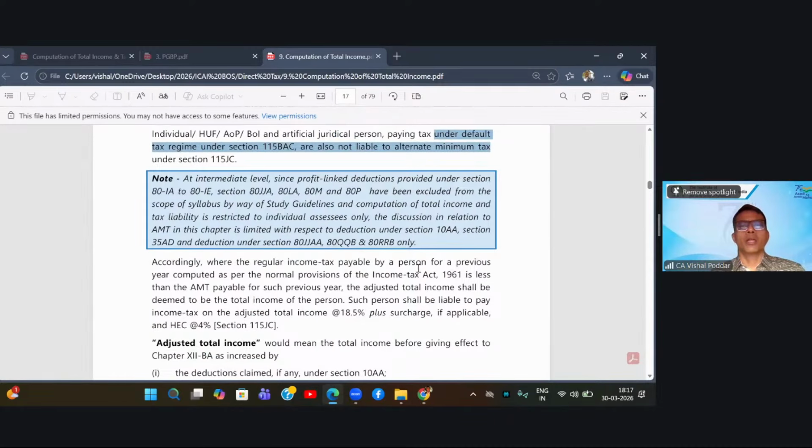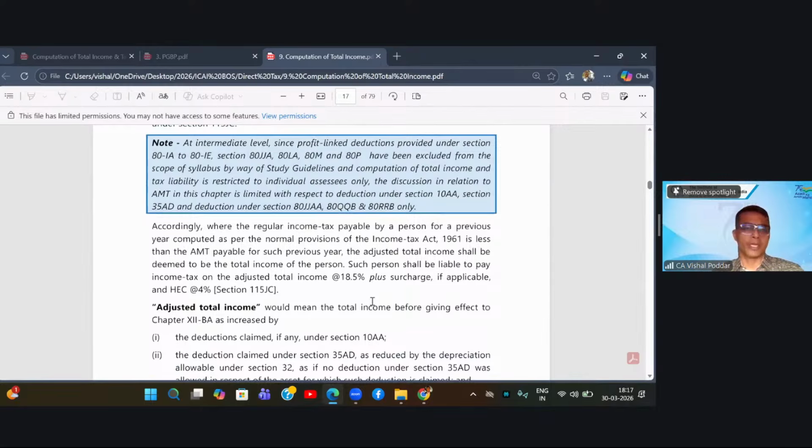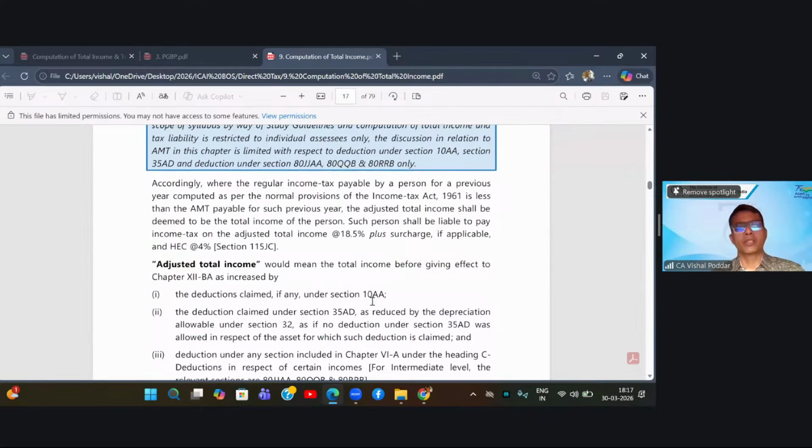Where regular income tax payable by a person for a previous year as per normal provisions is less than AMT, the adjusted total income shall be deemed to be the total income. In short, the tax which you have to pay finally is your tax as per the regular provisions or AMT, whichever is higher. Wherever AMT is higher, in that particular case, you will be eligible and entitled for an AMT credit, which you can utilize in future years.